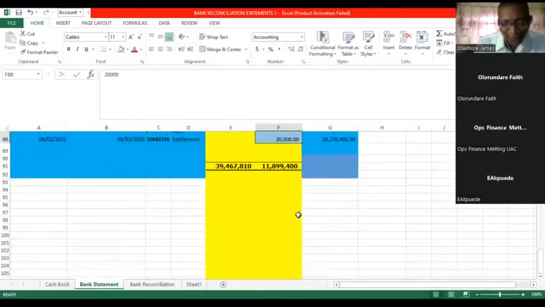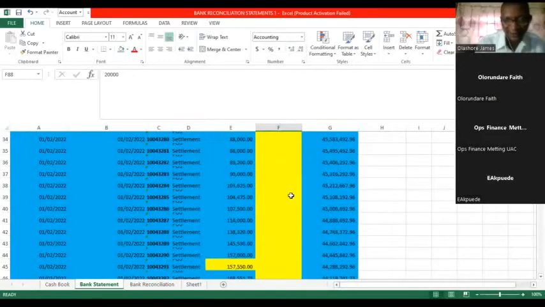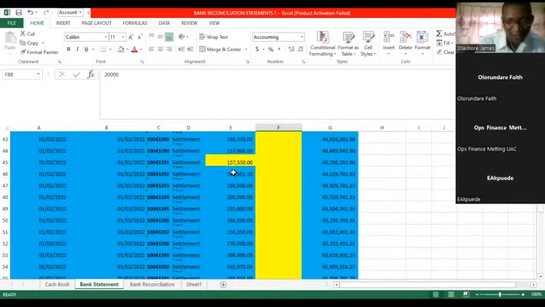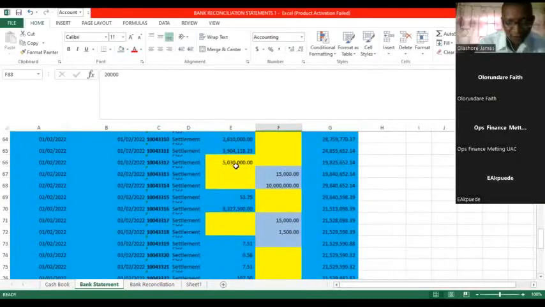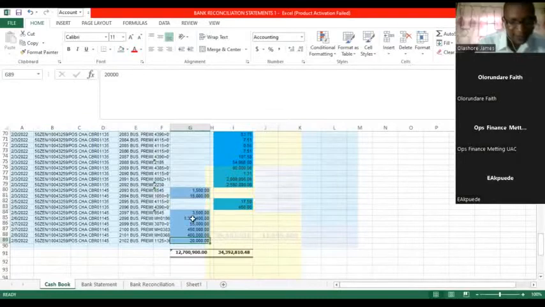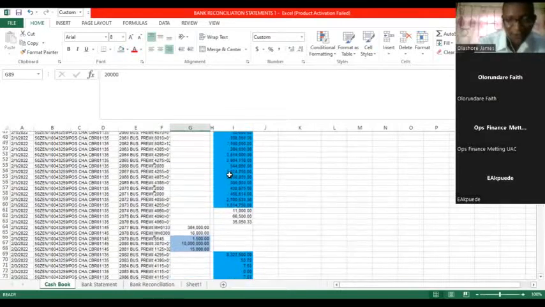So it means every figure on bank statement was captured by the accountant, but there are some figures in the withdrawal side that were not captured. This one was not captured. This figure was not captured. And that's all. But in the cash book, this was not captured in the bank, and this was not captured also in the bank.